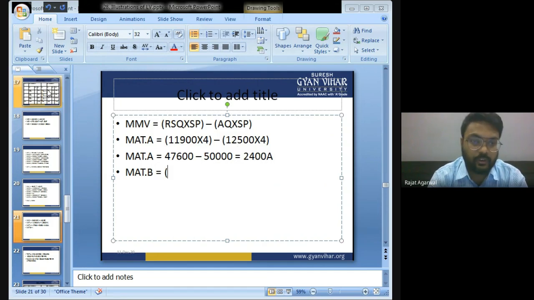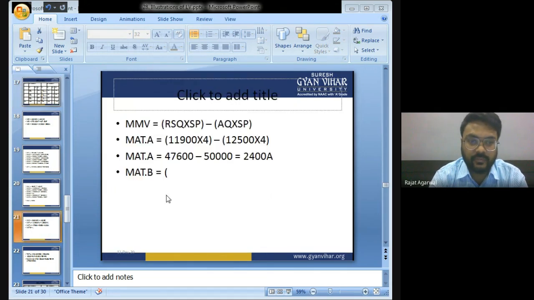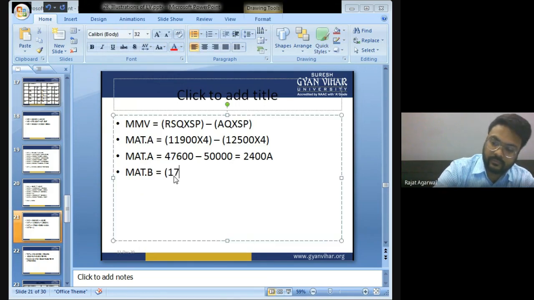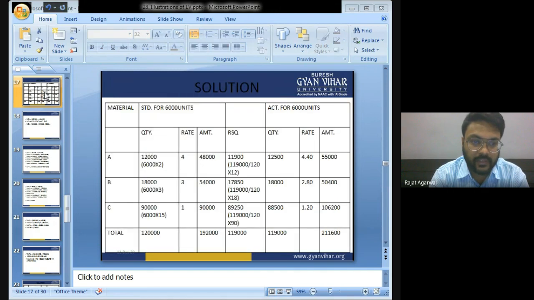Revised standard quantity of B is 17,850 into standard price of B, which is 3.